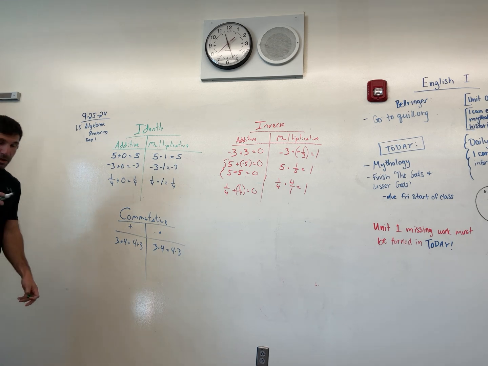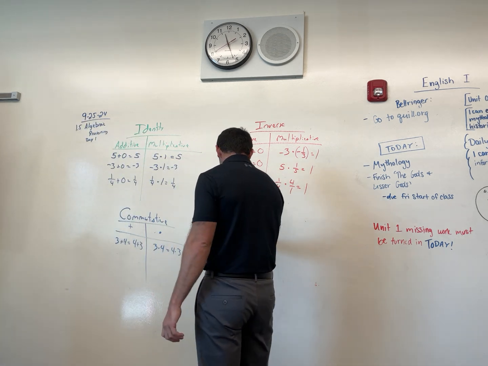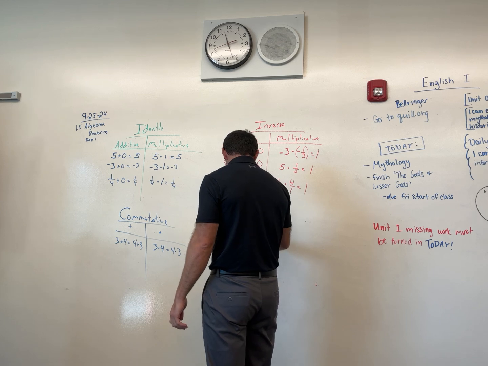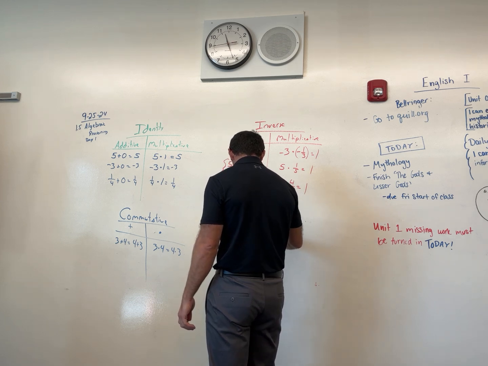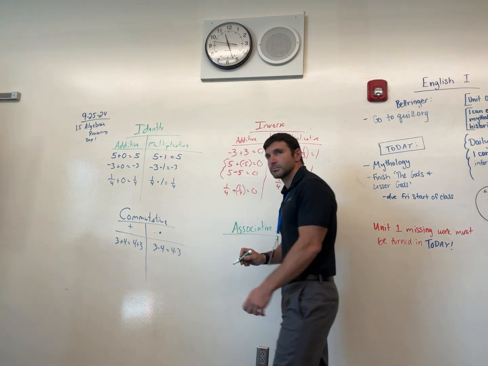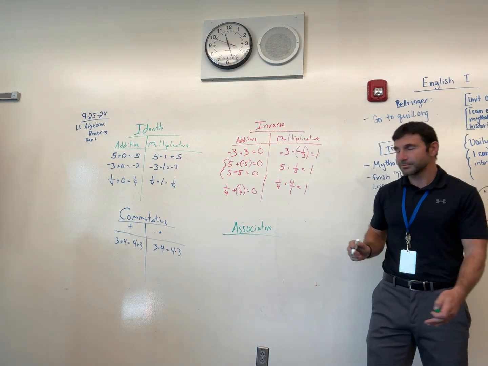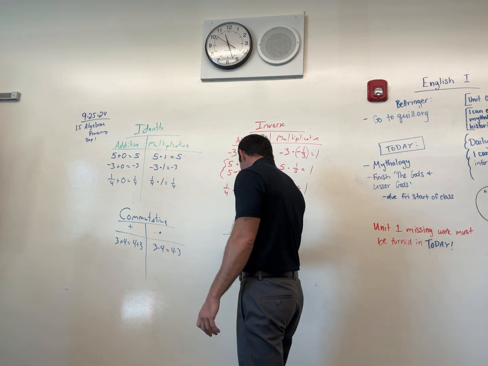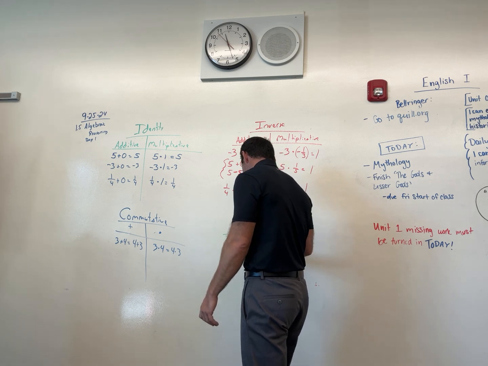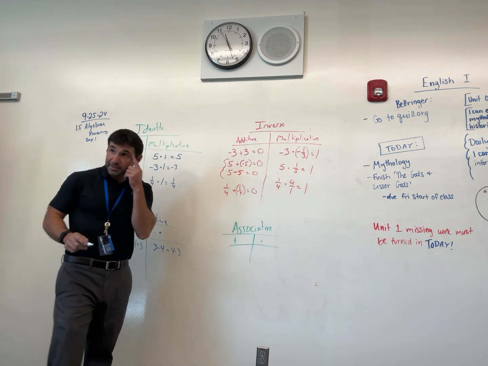The associative, which I do not want you abbreviating for reasons, is for addition or multiplication, and this talks about parentheses.